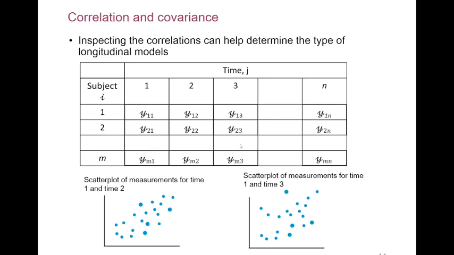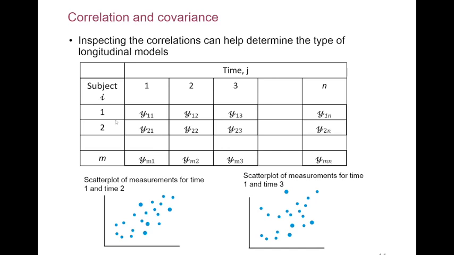Intuitively, you expect that observations at time 1 are more strongly correlated with observations at time 2 than observations at time 1 versus time 3.